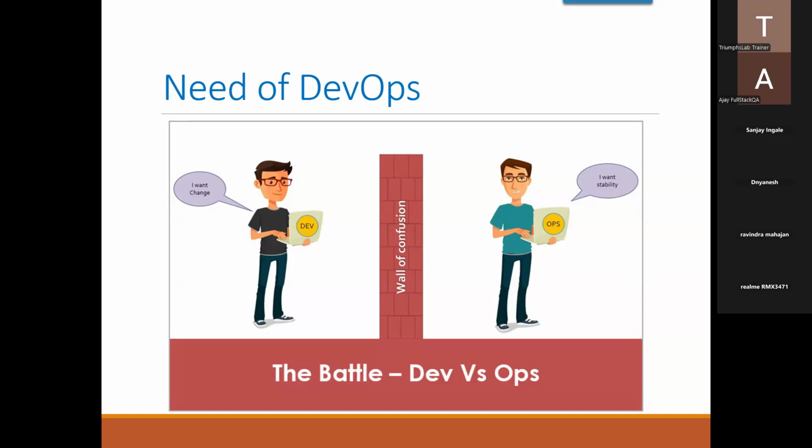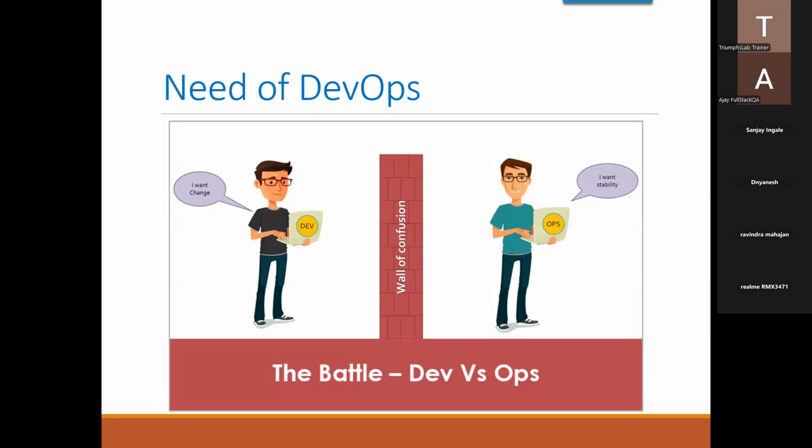So again, there was a need for collaboration between developers and the operation team. For example, I am part of the operation team and Prabhu sir is part of the development team. Prabhu sir will not have the knowledge about how server configuration is done, how to create a cluster, how to host it.